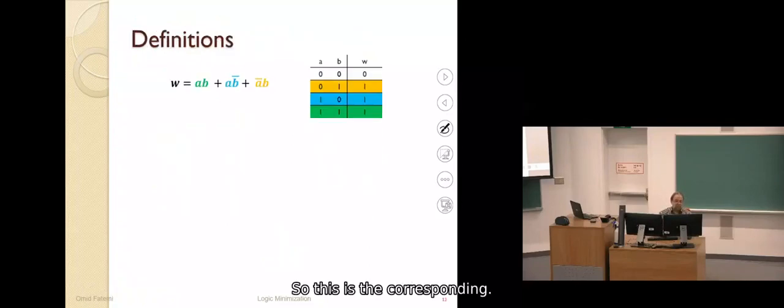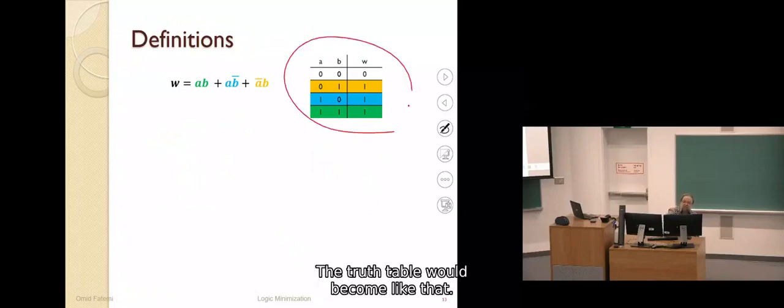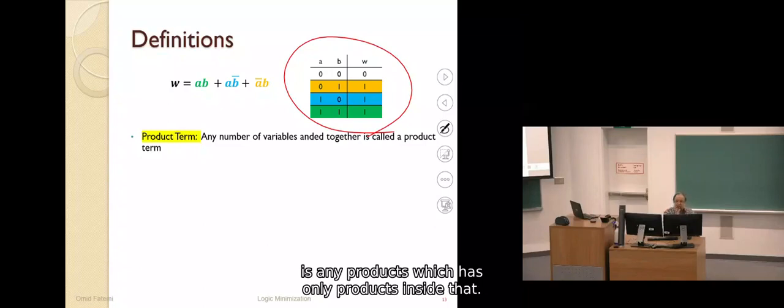Now we would like to start our simplification using the Carnot map. Let's say this is my function, AB plus AB naught plus A naught B. The truth table becomes like that. A product term is any product which has only products inside.